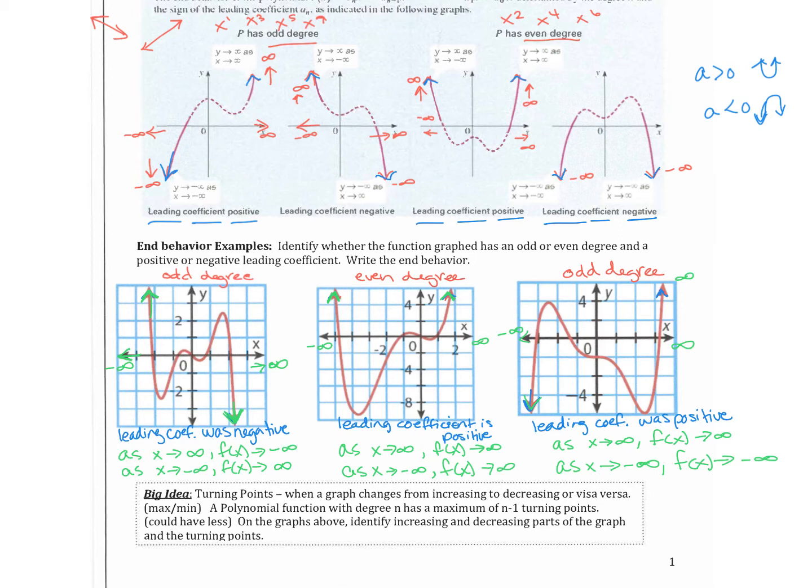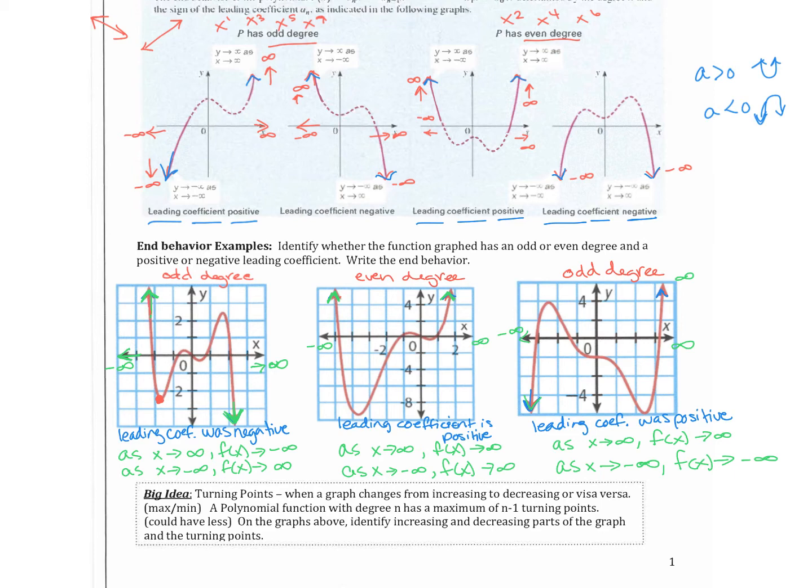So the next thing I want to talk about is turning points. This is basically where my graph is turning from increasing to decreasing. So my turning points are my local maxes and mins. So for example, this is a turning point. My graph was headed down and it turns there and heads back up.